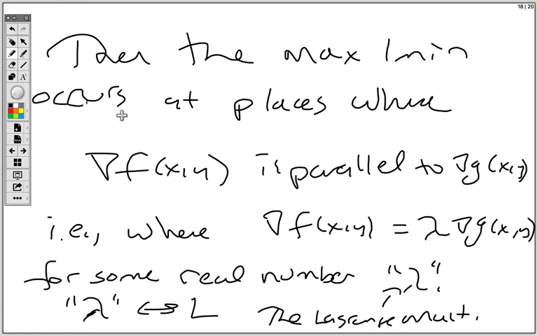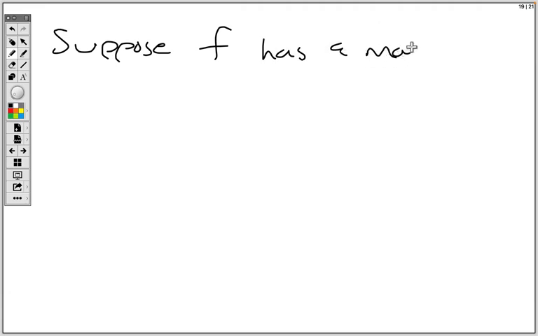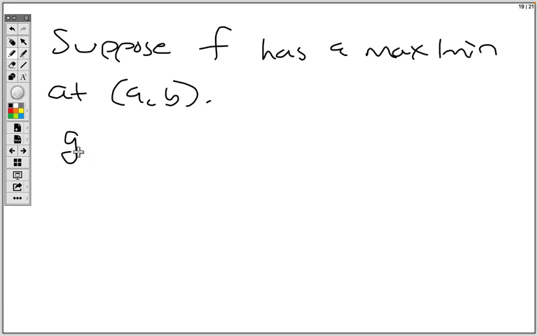So let's see why that's true. Suppose f has a max or a min at the point (a, b). Then that means that g of (a, b) would have to equal that constant.